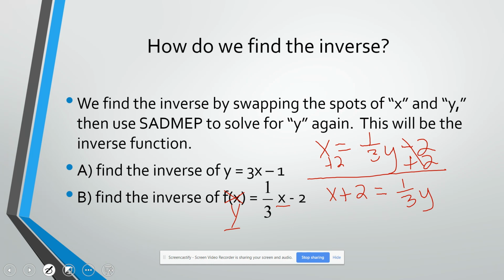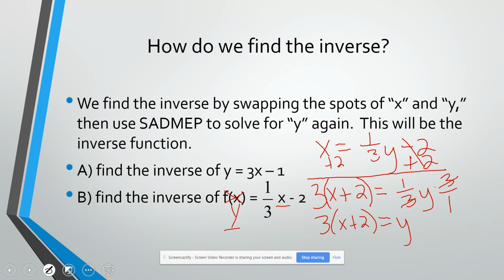So the opposite of dividing by 3, because that's really 1 divided by 3, is multiplying both sides by 3. Now remember, this side had x plus 2, so we're multiplying the whole thing by 3. These reduce to 1, so we have 3 times the quantity of x plus 2 is equal to y.